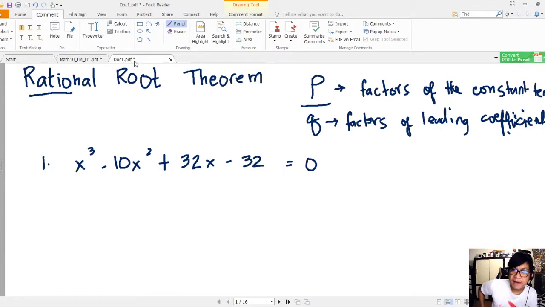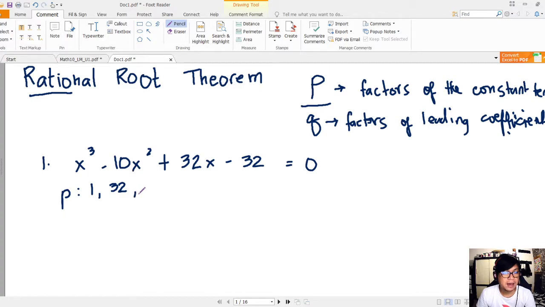Now, identify muna natin yung P. So the P is the factors of the constant term. So ano ba yung mga factors ng 32? So we will start from 1 and 32. 1 and 32 are factors of 32 because 1 times 32 is 32.